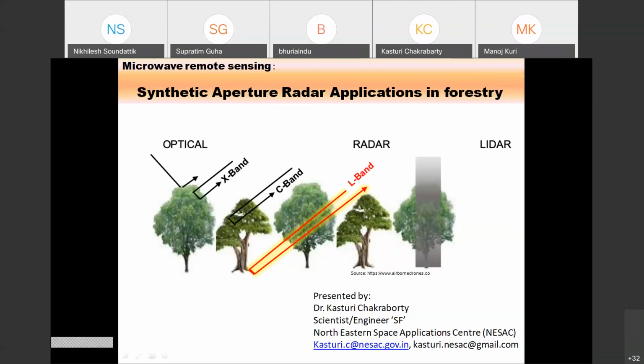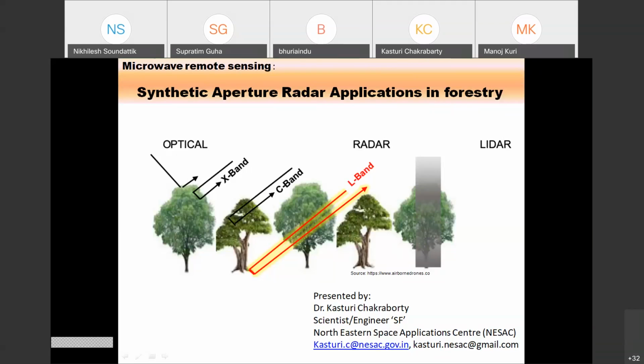as all of us are aware, imaging remote sensing deals with optical, and then we have radar remote sensing, and we have lidar remote sensing also. Each of these domains has its own advantages and disadvantages.